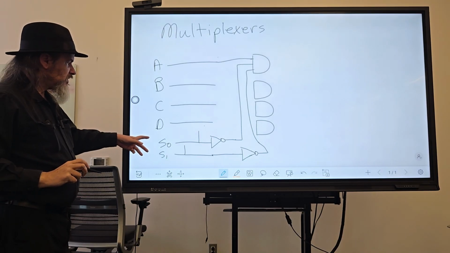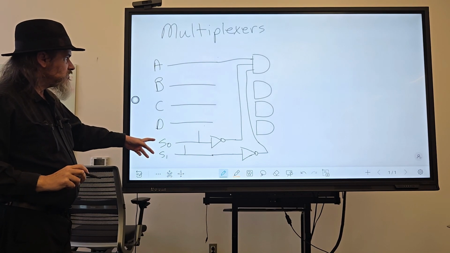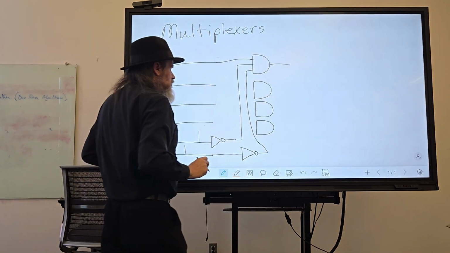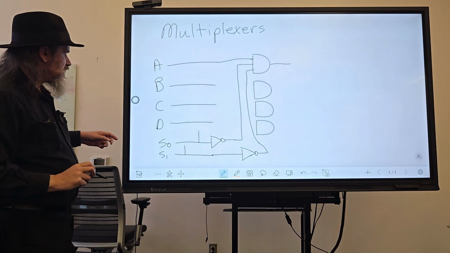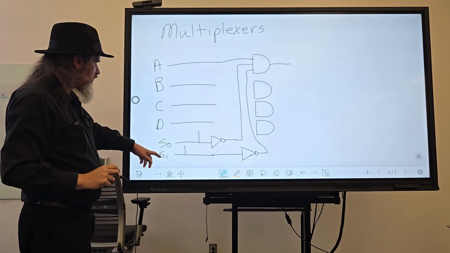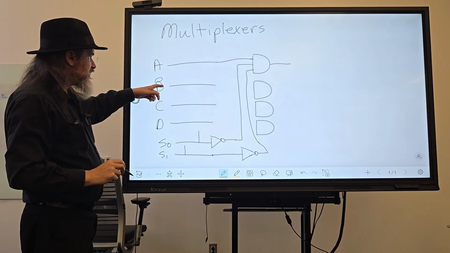So it would be 0, 0 would allow A to go through. 0, 1 would allow B to go through.